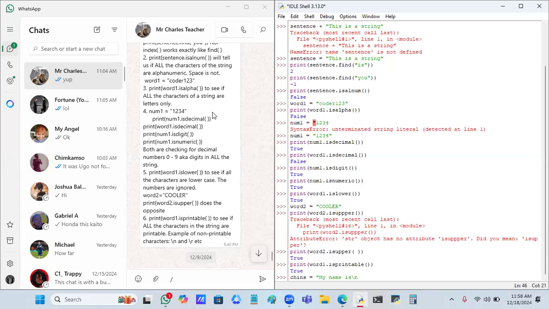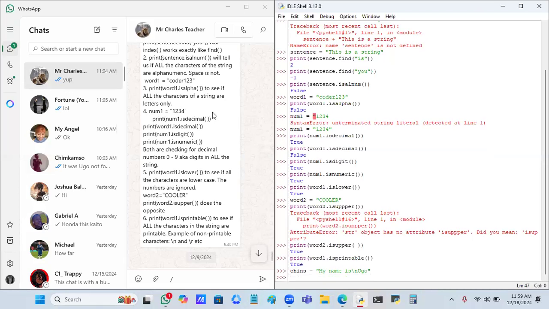Put your n, then your name. Just type your name. Then close the quotation mark. Okay, hit enter, then print that string. Print it.